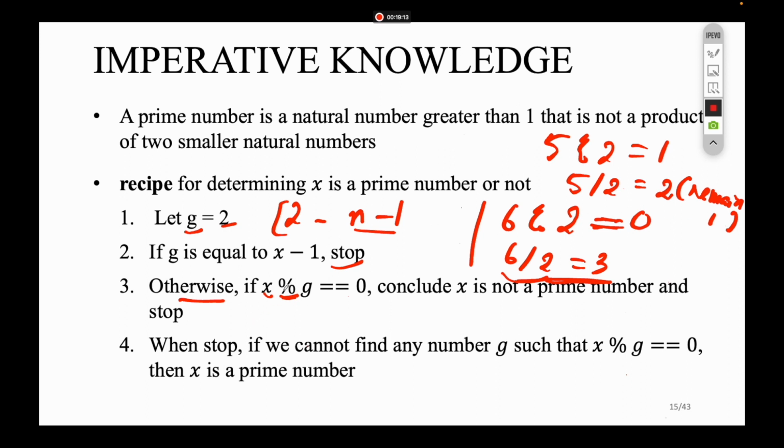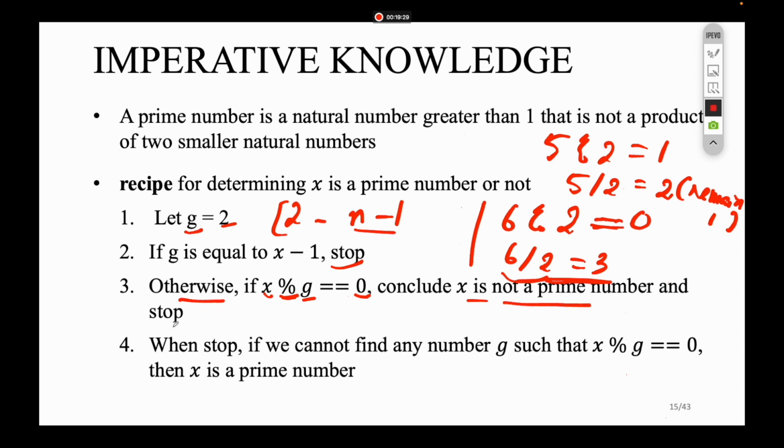So if h modular g gives 0, it means h is divisible by g. So you can conclude h is not a prime number.